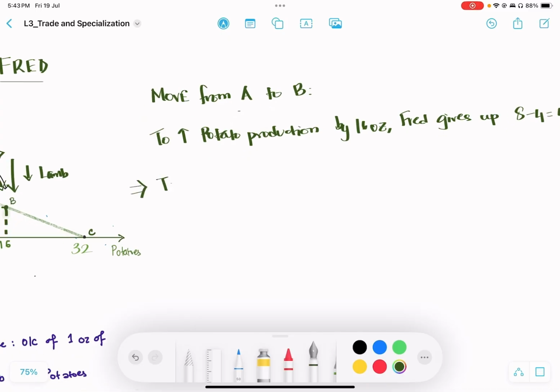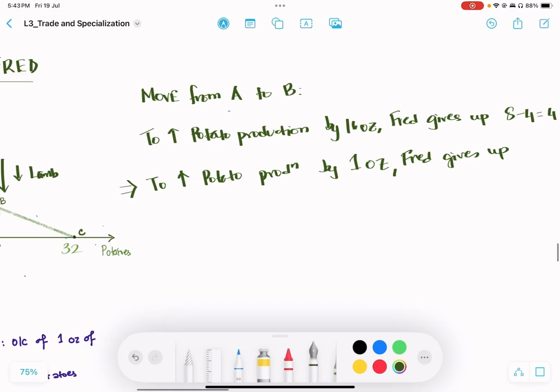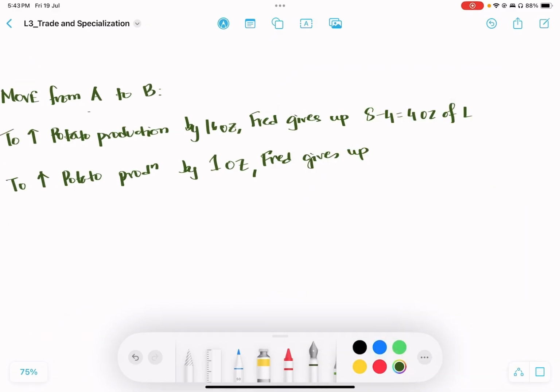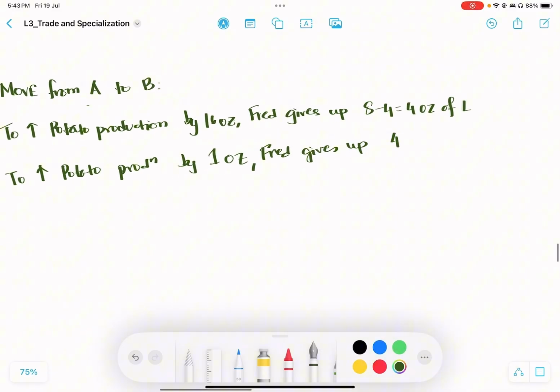So we're saying that to increase potato production by 1 ounce, Fred gives up, let's see, 4 divided by, you grab this number, this 16 ounce, 4 divided by 16. So that's 1 by 4. So that is 0.25 ounce of lamb.